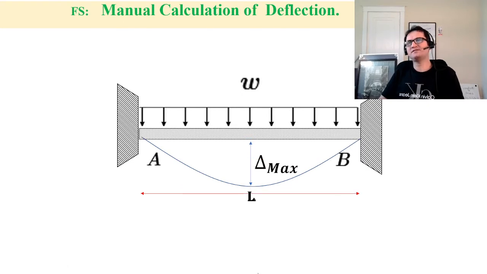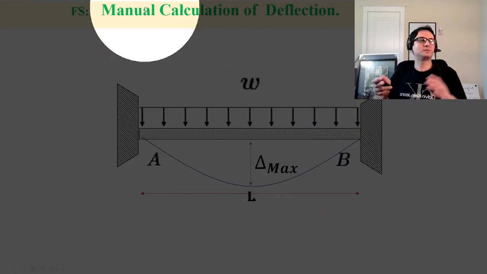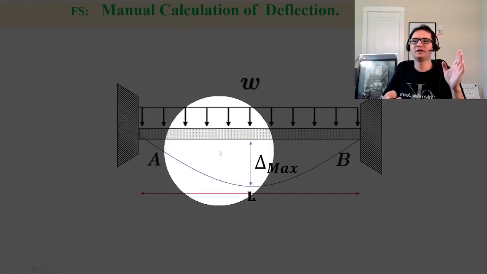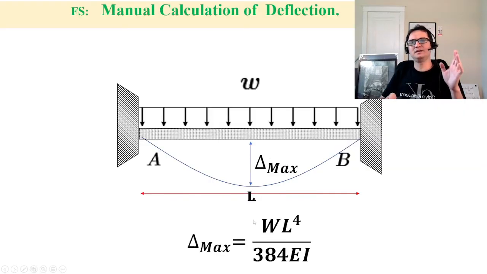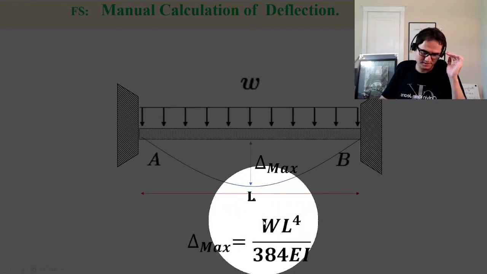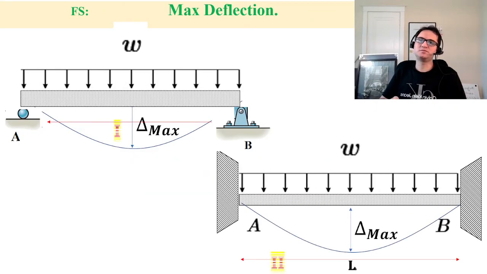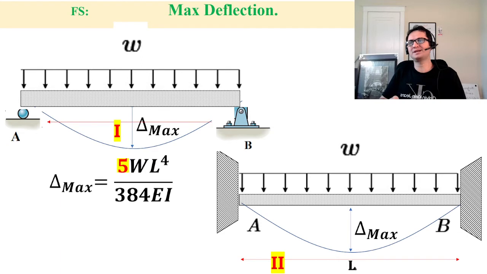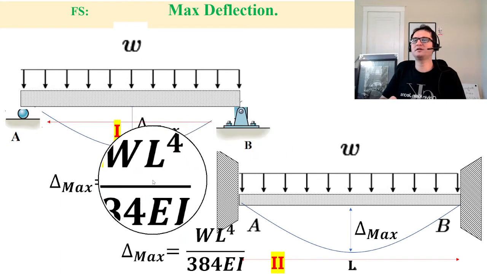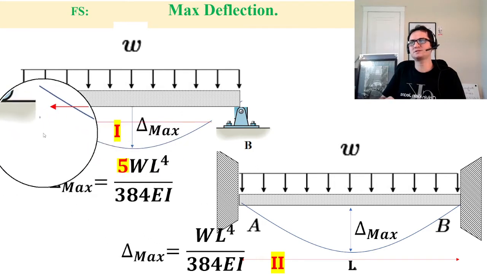If you have the same beam with the same loading but both ends fixed, the numeric value of delta maximum goes far below that, to one-fifth. So you can easily see the top one is five times higher than the bottom, just because of the support.